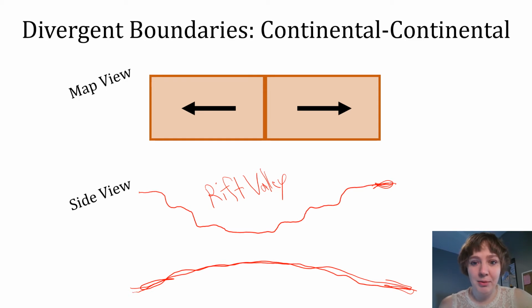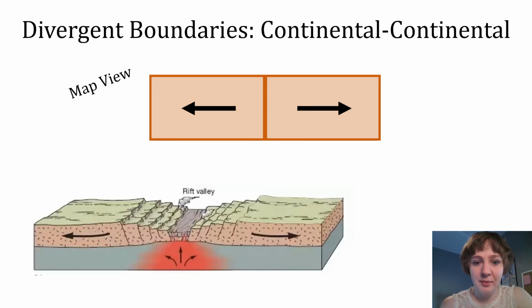It is possible to get some volcanoes at this boundary, although we won't be concerning ourselves with that type of volcanism too much in this class. Here it is in 3D along with that volcanism that I just mentioned.